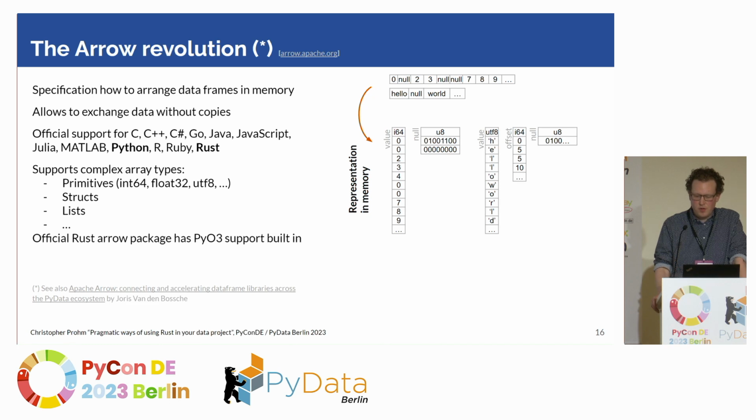So for the integer array, you would encode one array of 64-bit integers, and then a second array with a bit mask where the missing values are. And for the strings, you would encode everything as UTF-8 characters, and then include another array that gives you the offsets where the different strings start, and again, a nullability mask.